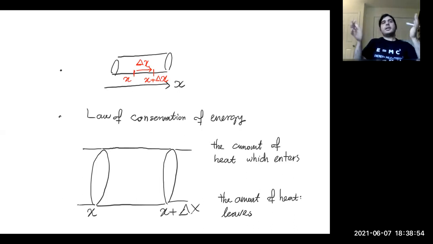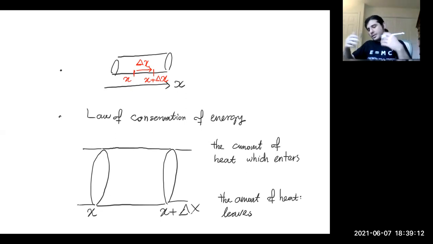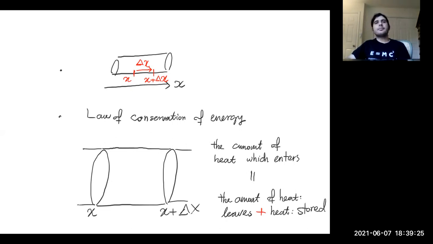There might be some amount of heat which stays there. It's like thinking about this place as storage. So the amount of heat which enters should be equal to the amount of heat which leaves plus the amount of heat which is stored there, which stays there.